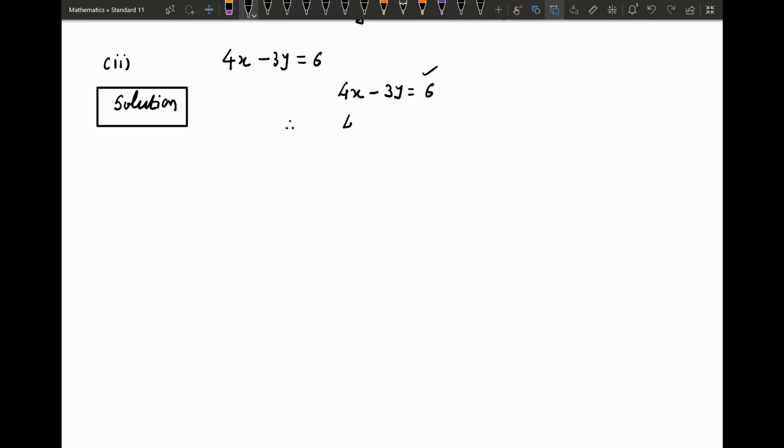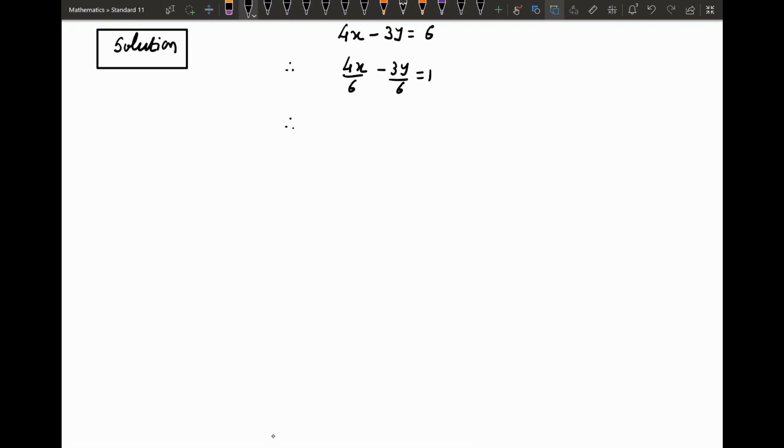So 4x upon 6 minus 3y upon 6 equal to 1. This we can rewrite as x upon 6 by 4 plus y upon minus 6 by 3. The denominator goes into the numerator as a reciprocal, so 4x by 6 can be written as x upon 6 by 4.